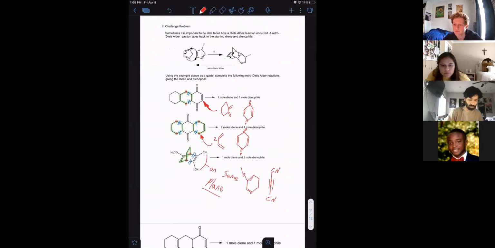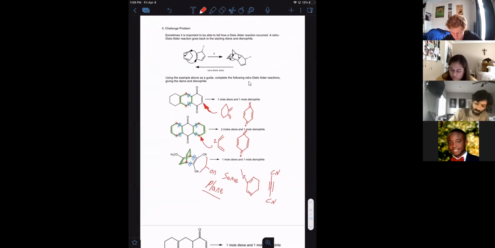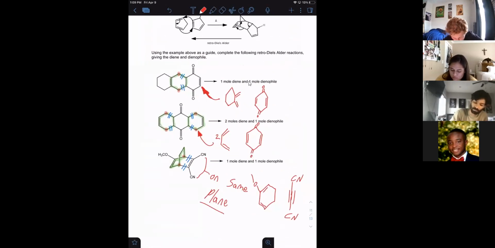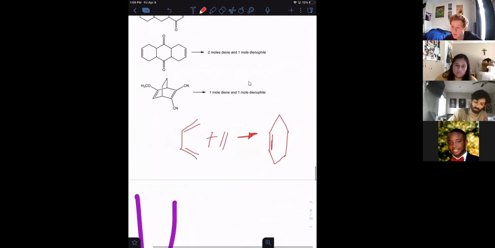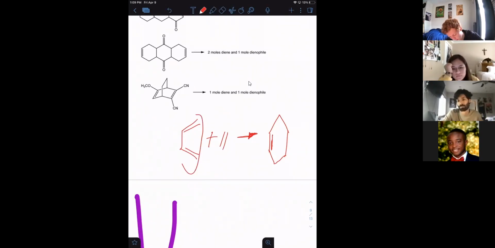But I had one more question: how did you figure out that the dienophile was a triple bond instead of a double bond? For sure. So for this one, usually when you form a diene, or you form a new ring, you'll notice only the diene side of the molecule has the double bond in it.